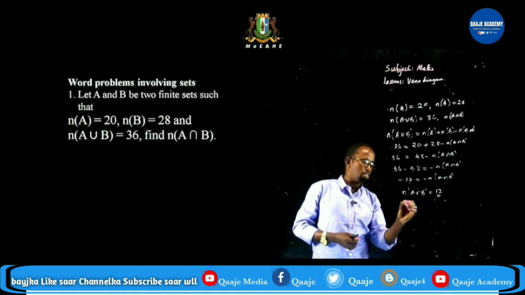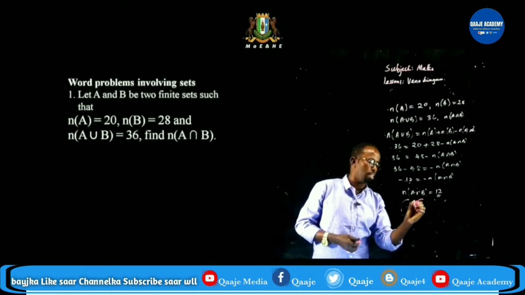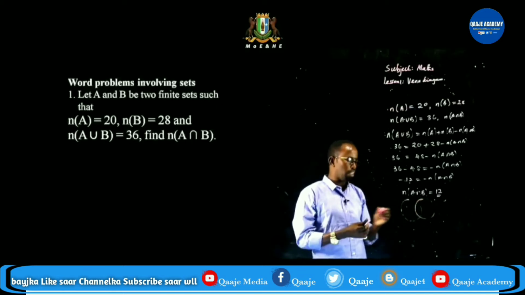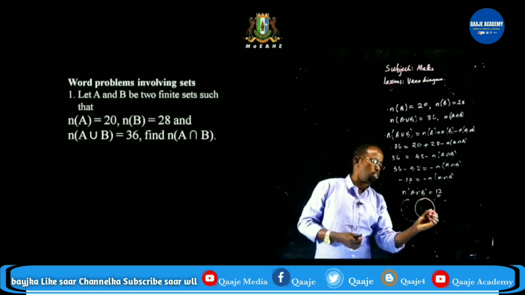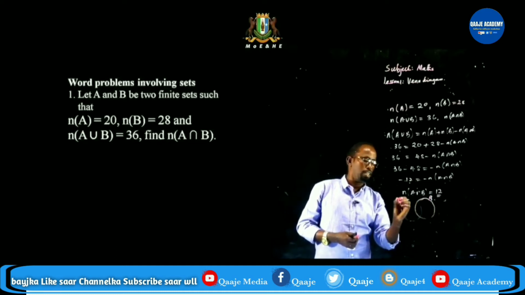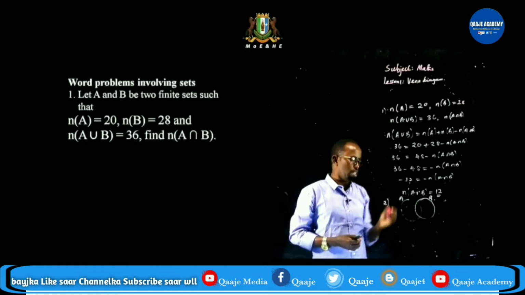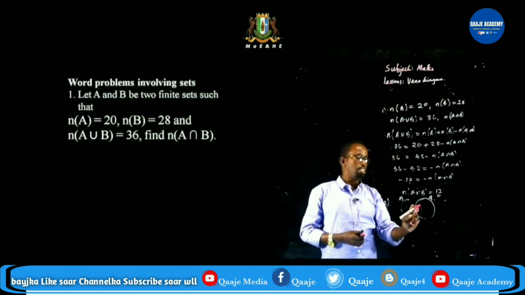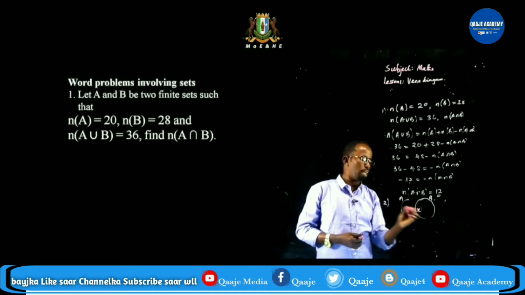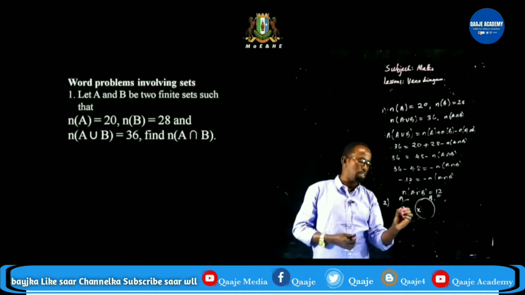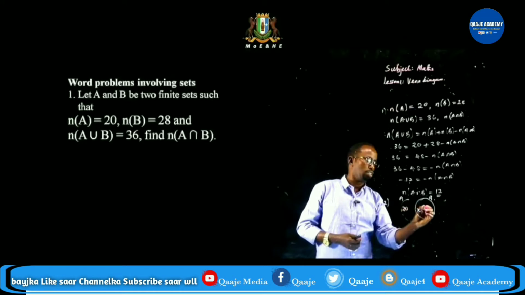Another way is you just draw two circles representing A and B. This is A, this is B. This is method 2, and the previous one is method 1. So inside, the intersection, we don't know, just call it X. This side you are given 20, and this side you are given 28.